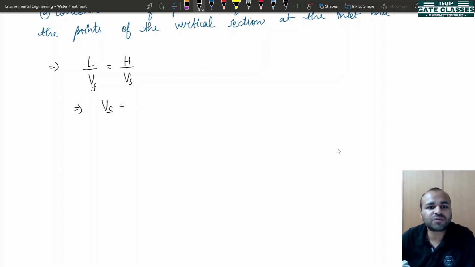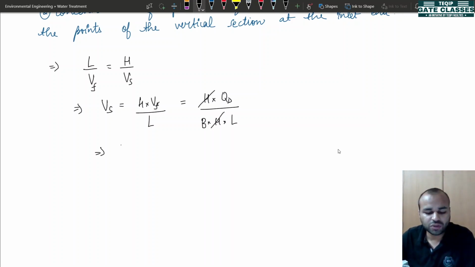It will turn out to be H into flow velocity divided by L, which can further be written as H times design discharge by cross section area multiplied by the length. Here your H and H will cancel out. So the value of settling velocity will come out to be QD by B times L.